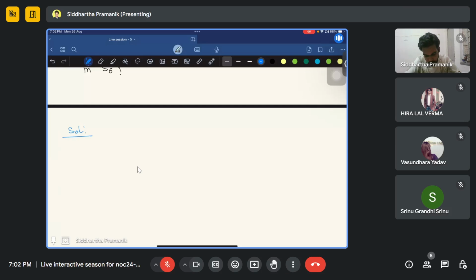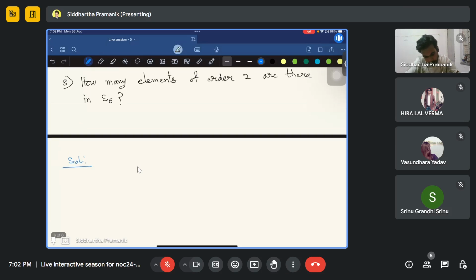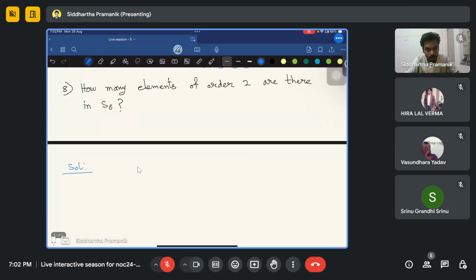Okay, let me do this. As usual, we need to see what are the possible cycle structures of elements of order 2 in S6.